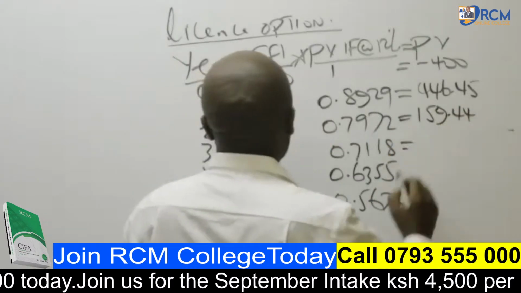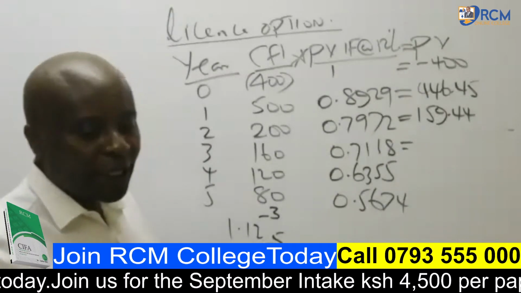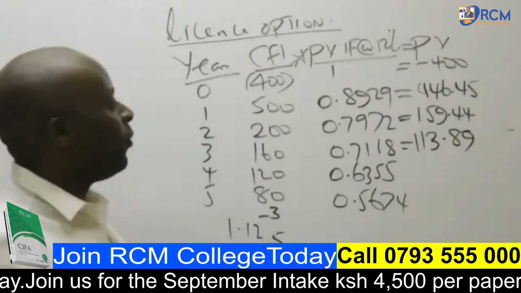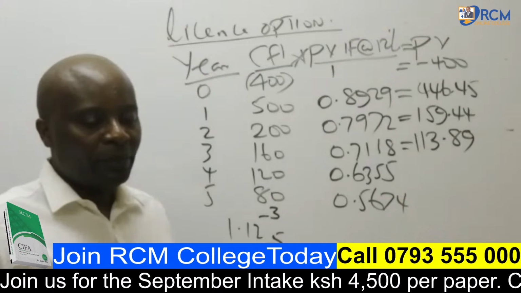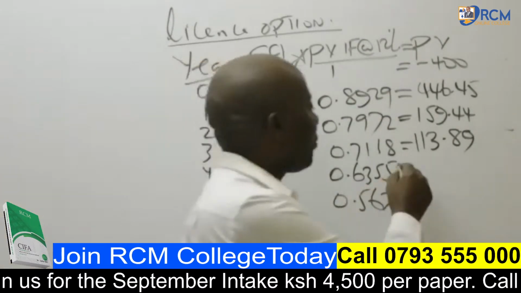We go straight to year number three, 113.89. Year number four, 76.26.